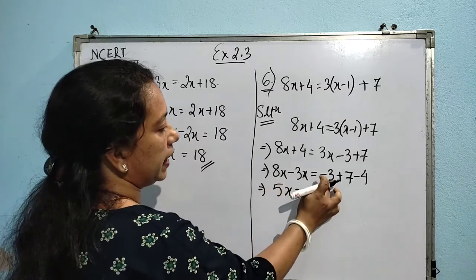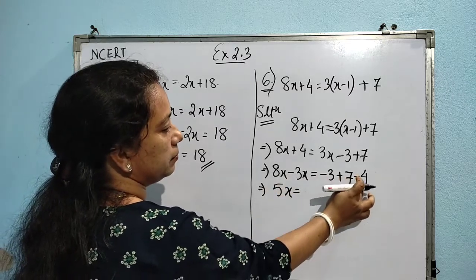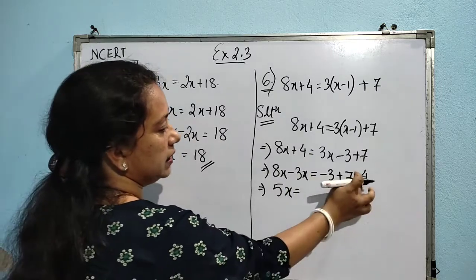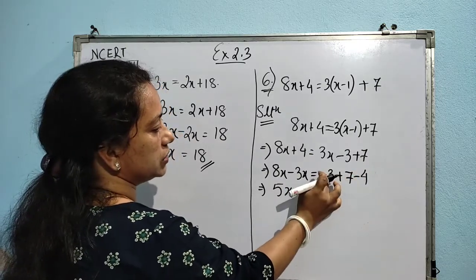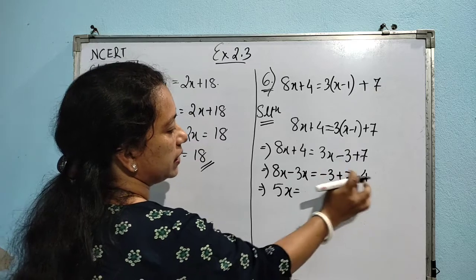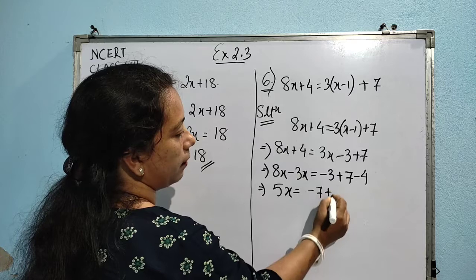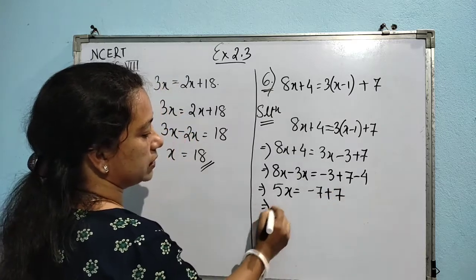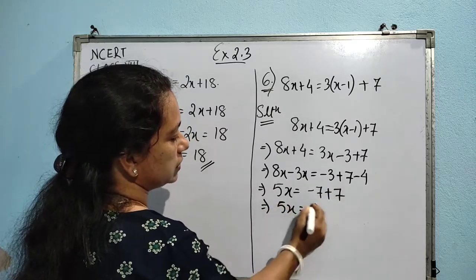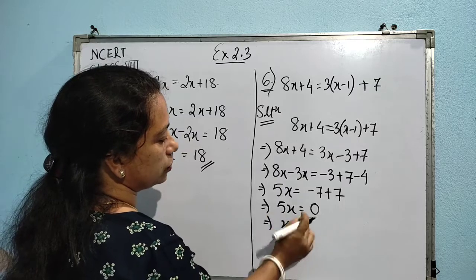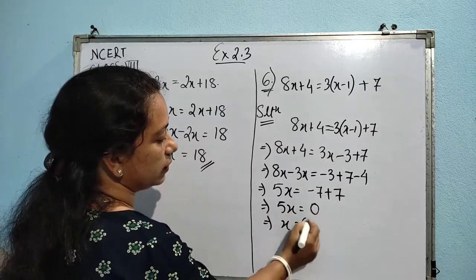Now see, minus 3 plus 7 minus 4. Minus 3 minus 4, you can do it as you wish. Both minus means minus 7 plus 7. So ultimately 5x equal to 0, implies x is equal to 0 by 5. What is the value? 0.